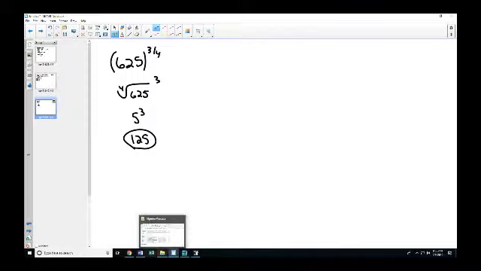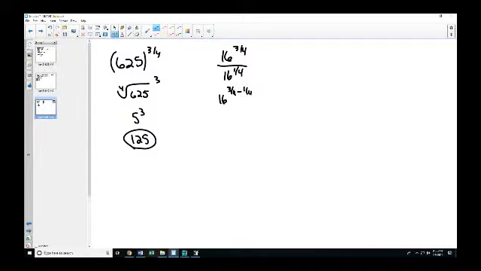How about something like this? Yesterday's properties with a rational exponent. Yeah, so subtract the exponents, right? And the answer to that? 4.